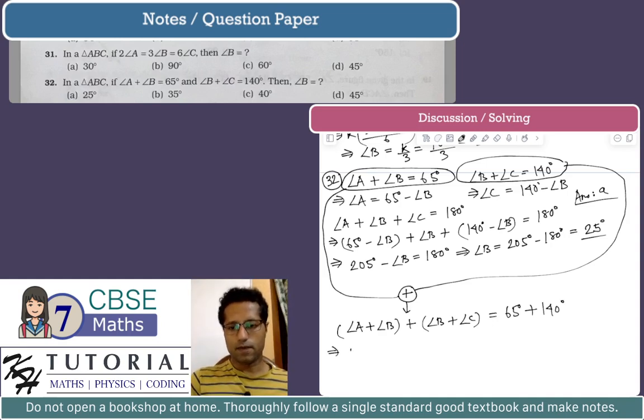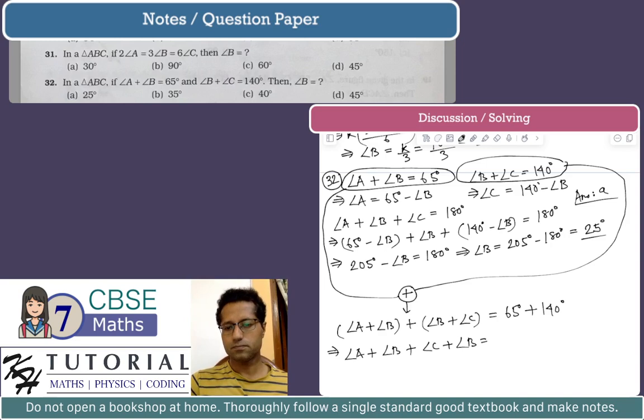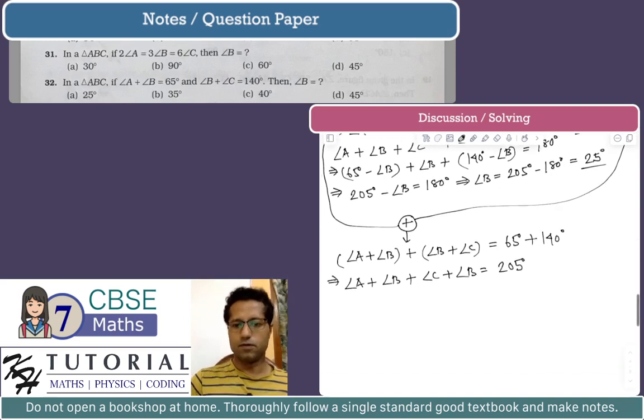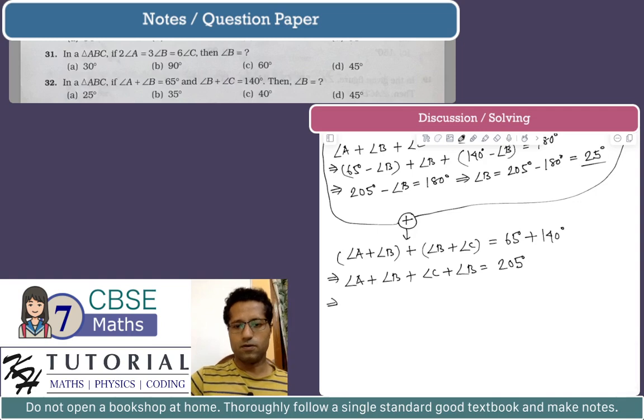This implies I have angle A plus angle B, now angle B plus C, this is angle C plus angle B, is equal to 65 and 140 is 205. This implies, we know that angle A plus angle B plus angle C is 180 degree.